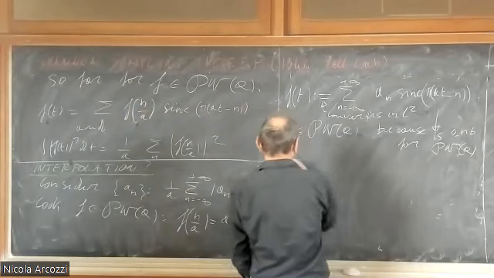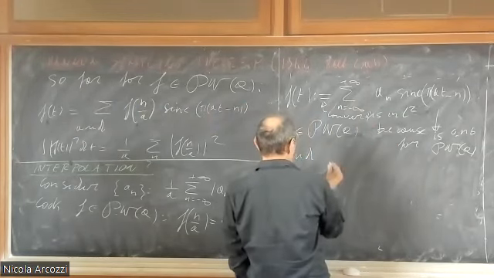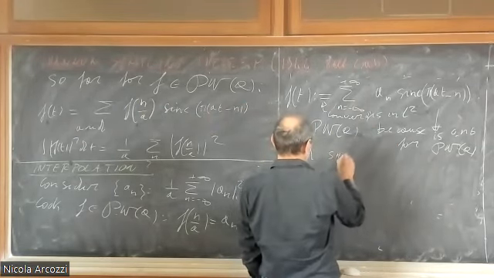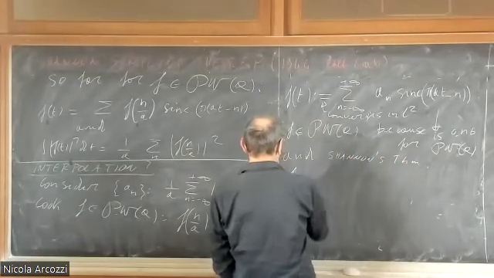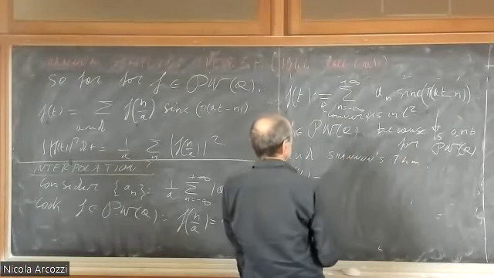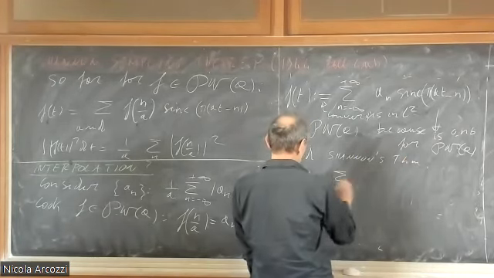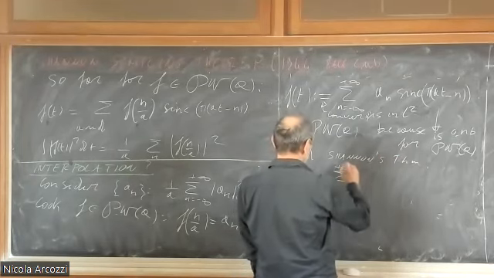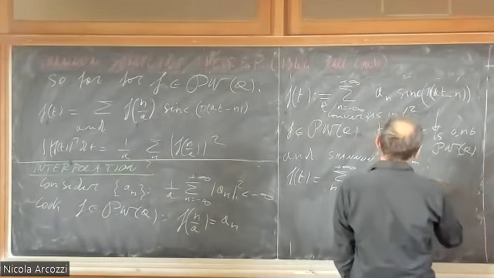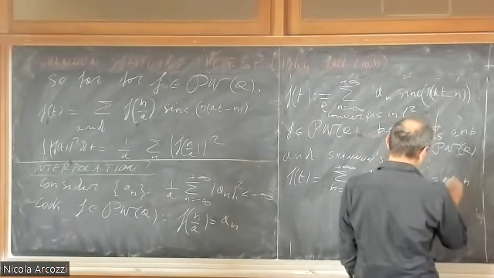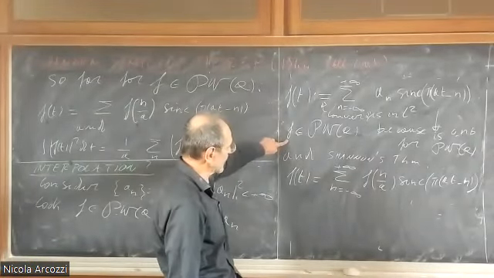Well, by Shannon's formula, right? By Shannon's theorem, we know that f of t is also equal to the sum for n from minus infinity to plus infinity of f of n over a times the same thing, because it's a linear space.